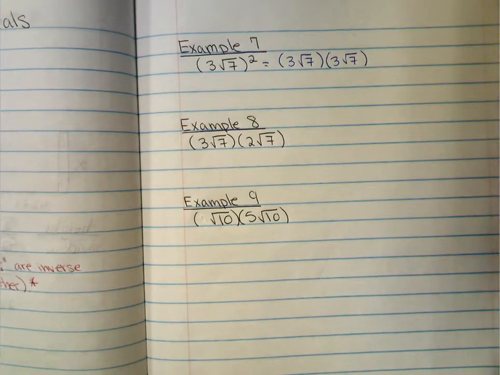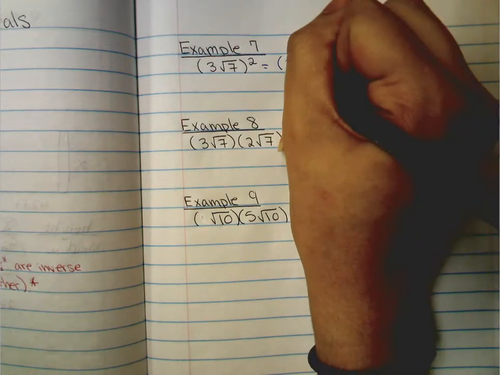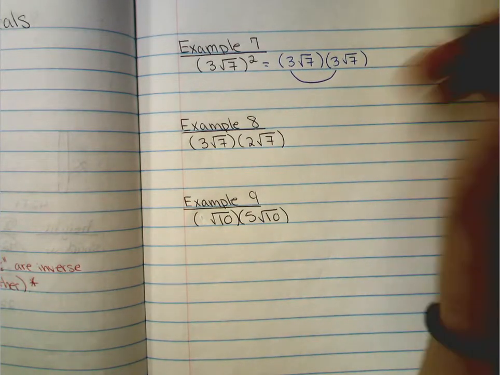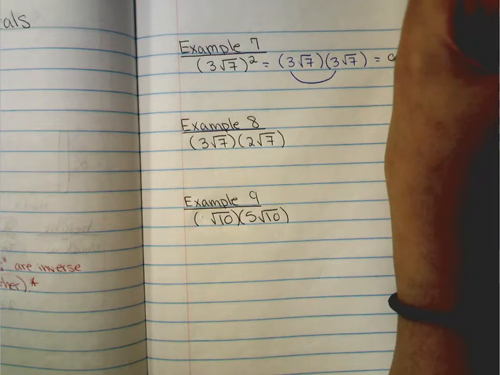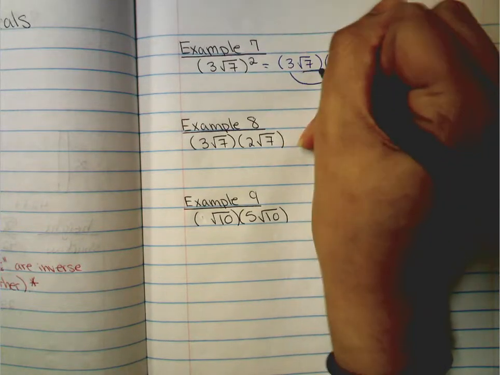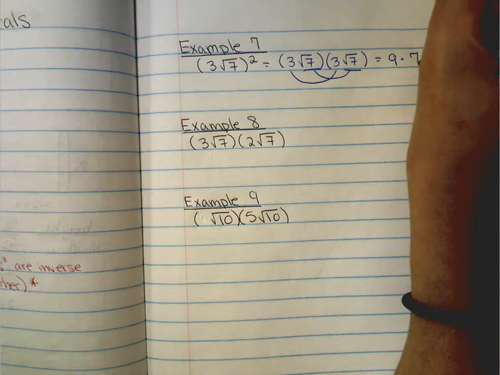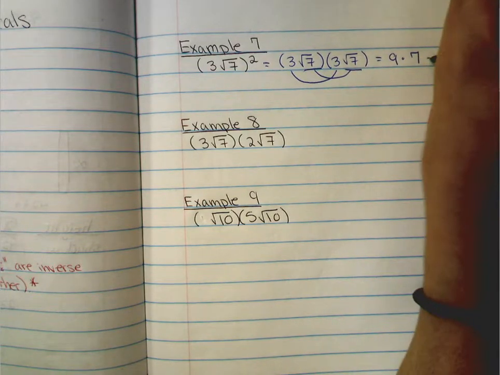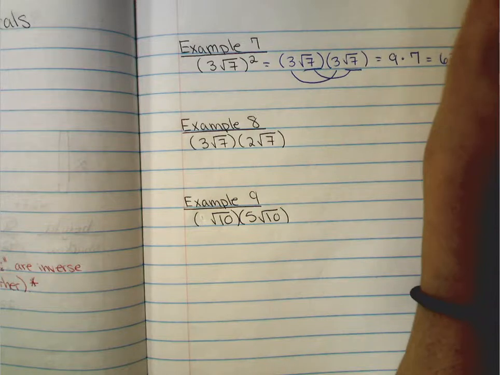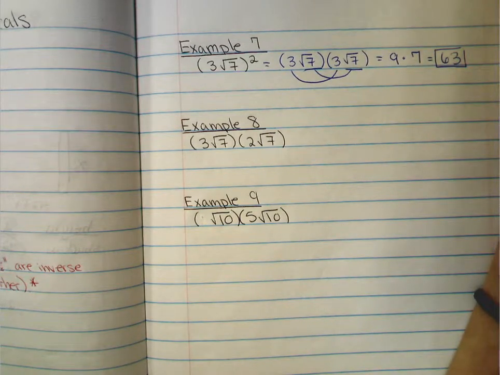I multiply the numbers that are outside first. So 3 times 3, that gives me 9. And then square root of 7 times square root of 7 is just going to give me 7. And 9 times 7 is 63. So that's my answer. So they're pretty simple.